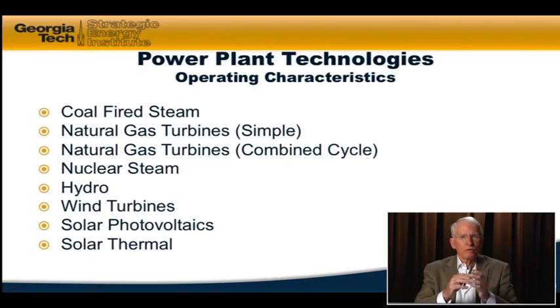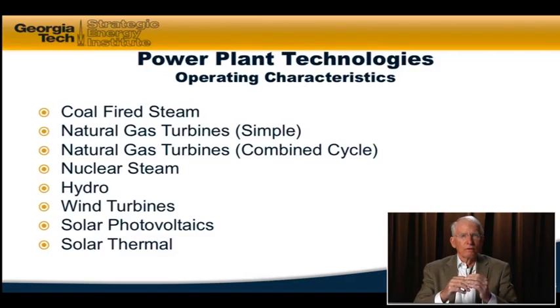The natural gas turbines combined cycle, where the exhaust is still hot, of course, from the turbine, is used in a boiler to boil steam and is put through the same cycle that a coal-fired power plant uses, but this time rather than using coal to boil the steam in the Rankine cycle, you use the hot exhaust gases from the gas turbine.